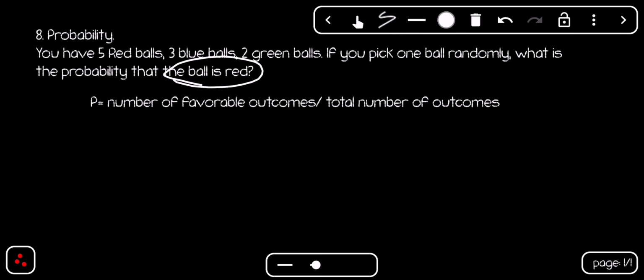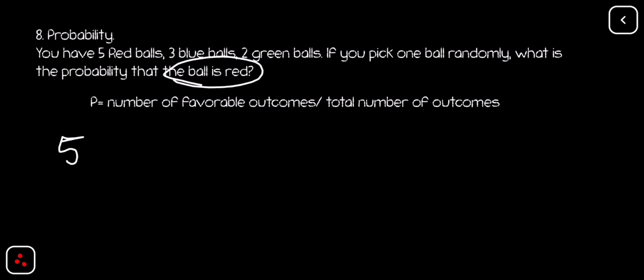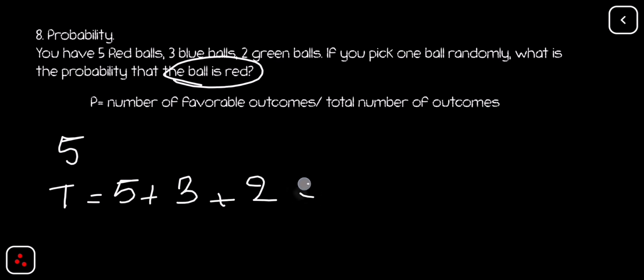How many balls do we have that are red? We have 5. And then the total number of outcomes. We have to add all the balls to get the total, so the total is 5 plus 3 plus 2, and that is 10.